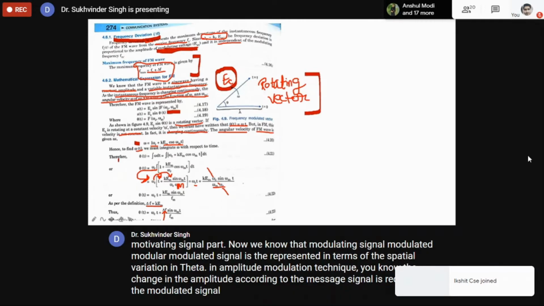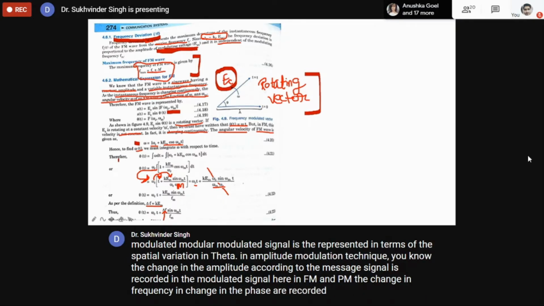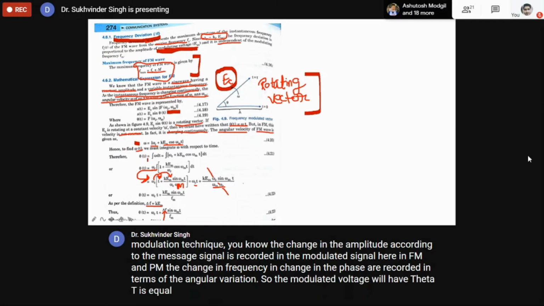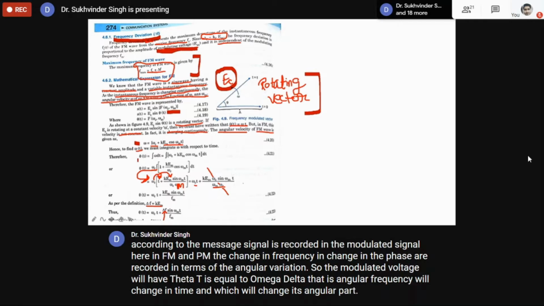Here in FM and PM, the change in frequency and the change in phase are recorded in terms of the angular variation. So the modulated voltage will have theta(t) = integral of omega dt, that is, the angular frequency changes in time and changes its angular part, the angle theta(t).